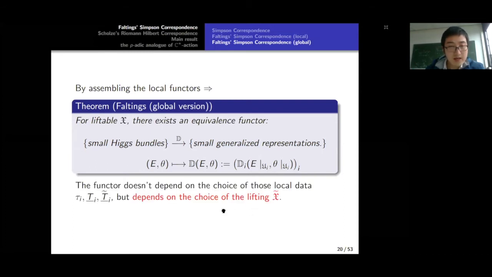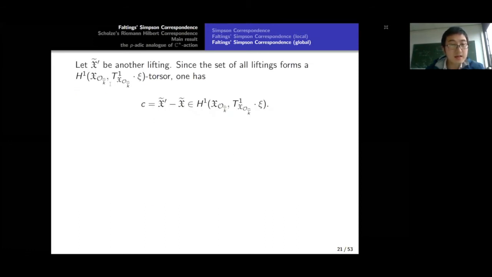We give a remark here. This functor doesn't depend on the choice of this data, but it depends on the choice of the lifting X tilde. If we choose another lifting, then we know that all liftings are torsors of this H^1(X, T_X^1, theta).